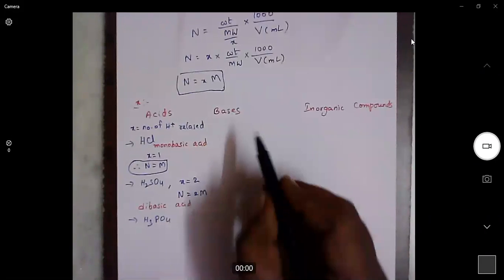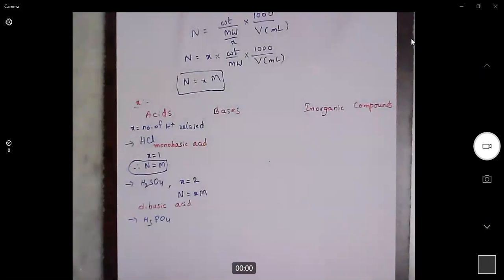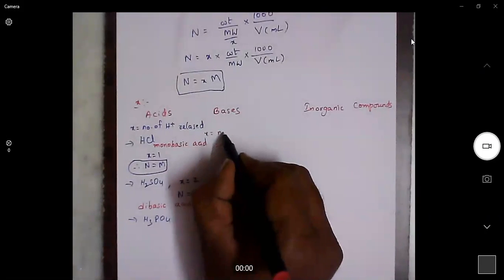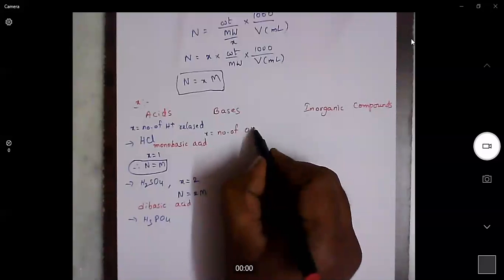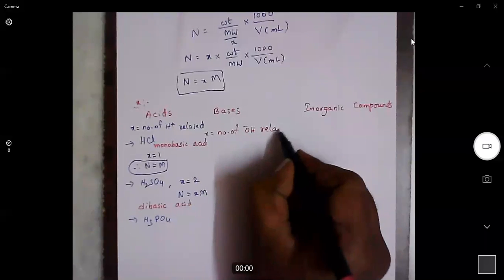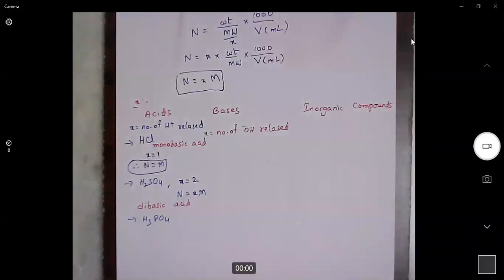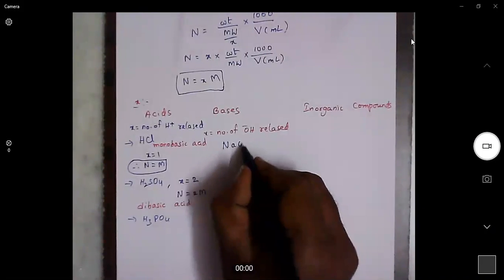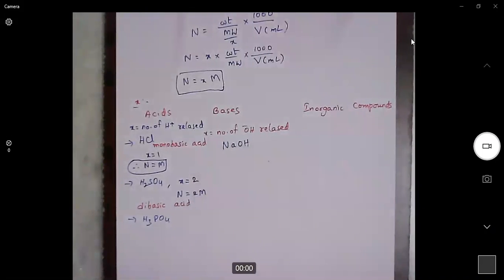When we look at bases, what is X? X represents the number of OH minus released. For a molecule like NaOH, sodium hydroxide, it is a hydroxide base.